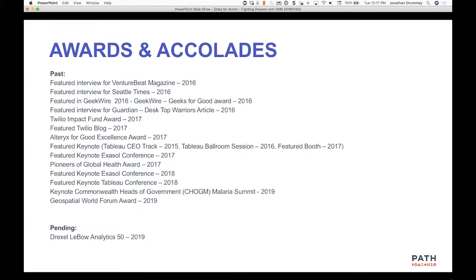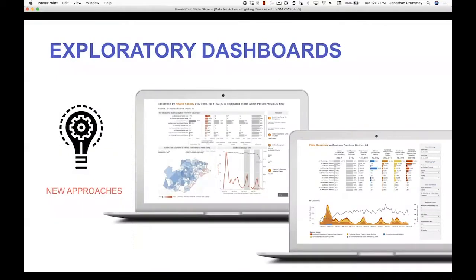And tomorrow we're picking one up from the Drexel Labo Analytics group. So it's kind of exciting to have, for me as a data worker, the recognition of my peers in this work and not just seeing the incredible work that's happening on the ground. So it all goes together really well.